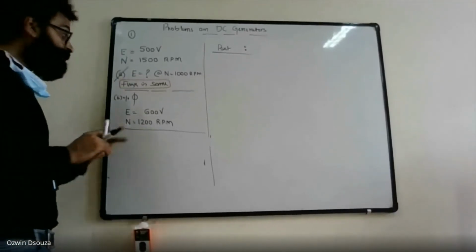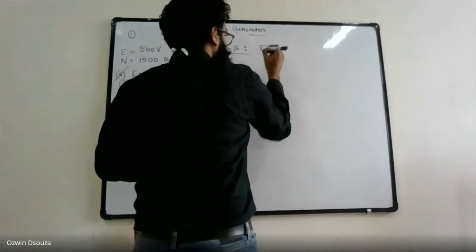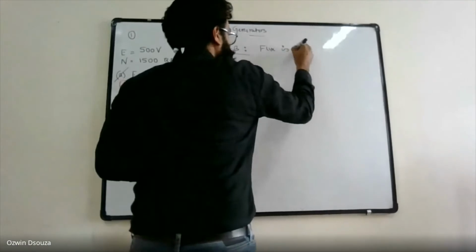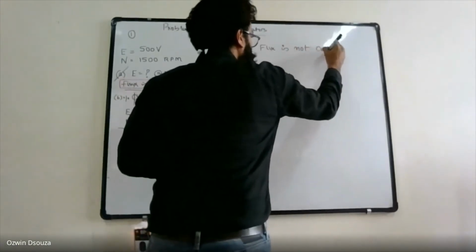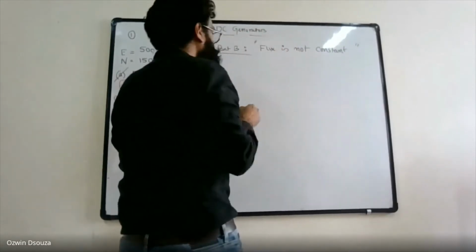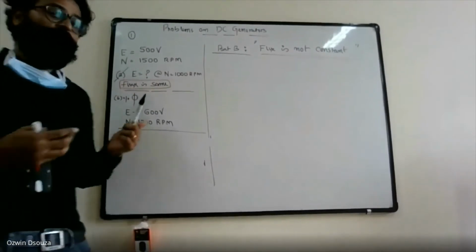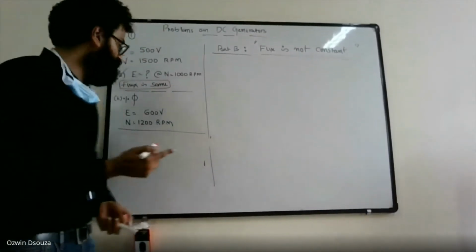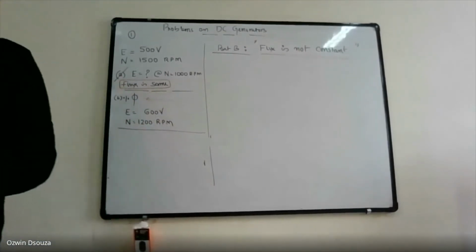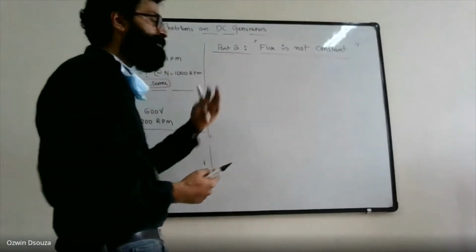Now, in case part B, we should understand the fact that flux is not constant. All right, so this is very, very important. Flux is not constant. And on what basis I am saying this? The question itself says, right? You need to find out the change in flux. Change in flux means flux is obviously changing.